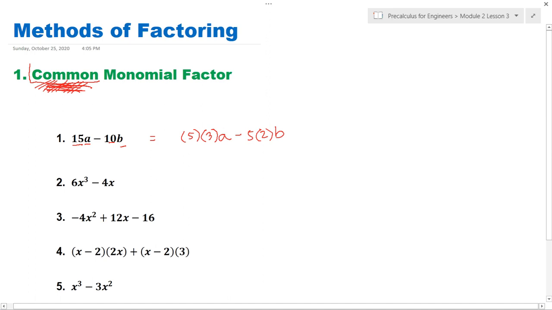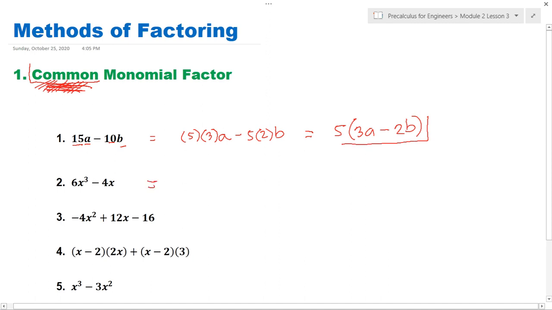Therefore, 5 is common to both terms. So, 5 can be factored out. What's left on the first term is 3a na lang. How about on the second? Since kinukuha na yung 5, so minus 2b na lang. So, ganito pala mag-factor out ng common.